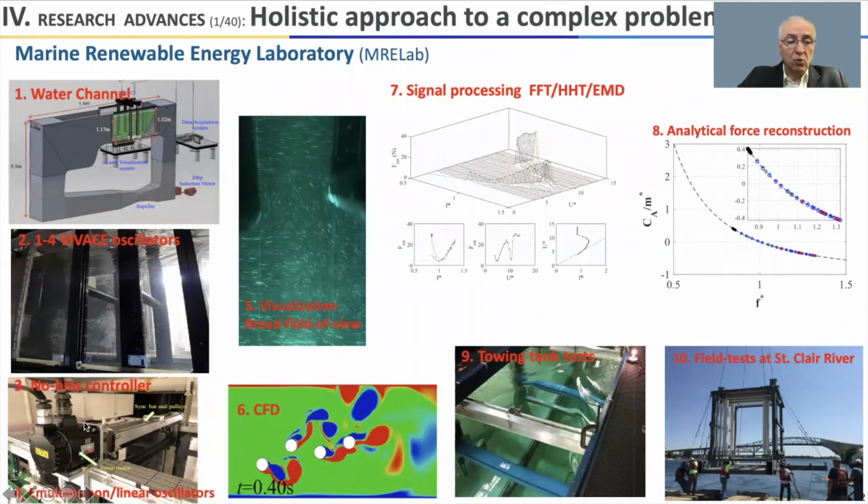Most important, we have developed a controller, which took a long time to develop, which is an unbiased controller, which can emulate any linear or nonlinear oscillator and its parameters. We do not have to change physically springs or dampers in order to do a different kind of experiments. We just put the numbers and the models in the computer.